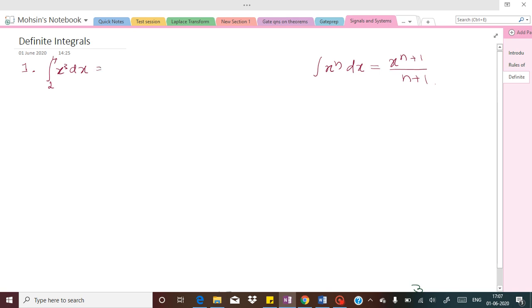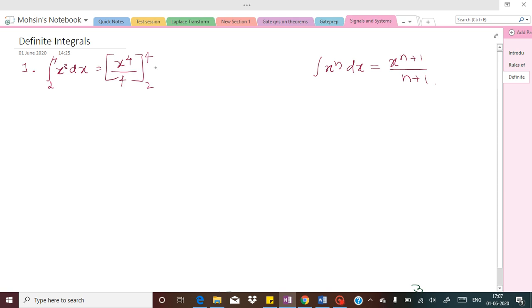Therefore the integration of x raised to 3 will become x raised to 3 plus 1, that is 4, divided by 3 plus 1, that is 4. Therefore it will become x raised to 4 divided by 4 evaluated between the limits, and limits are shown with a square bracket or just a vertical bar, written like this. So 4 is the upper limit and 2 is the lower limit.